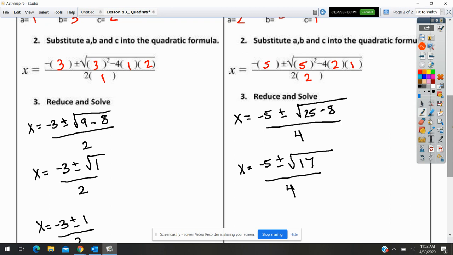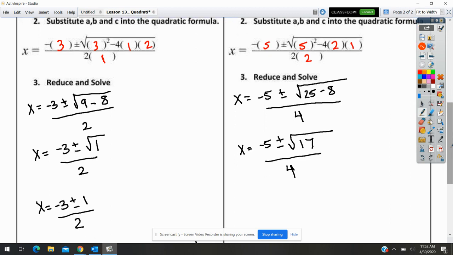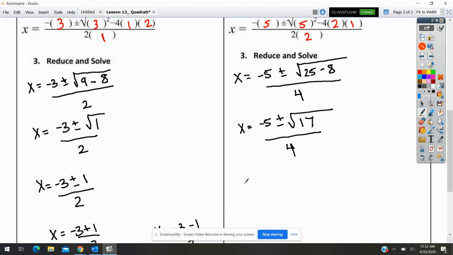If you do the square root of 17 on your calculator, you're going to see it's a crazy irrational number. It's not a perfect square, so it does not break down easily. Since we cannot break down the square root of 17 any further, this is going to be our answer.